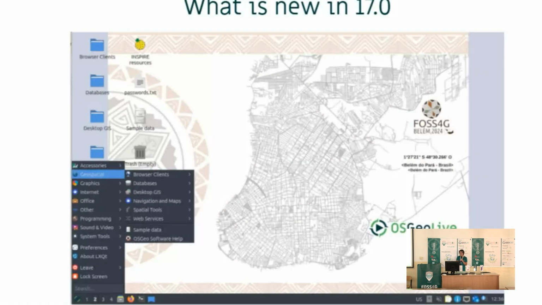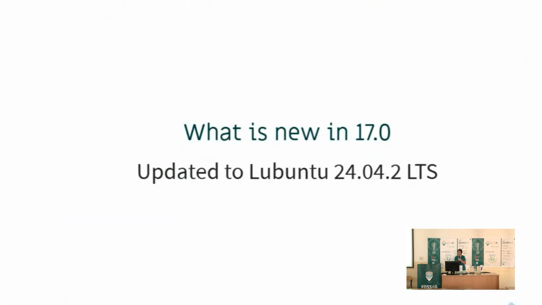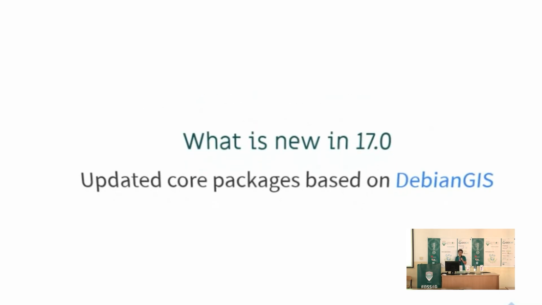You can easily use it to convince people to go for open source geospatial. So you see it's Lubuntu 24, the long-term version. We always go on this long-term version. It's valid for 2 years then, and then we go to the next long-term version.